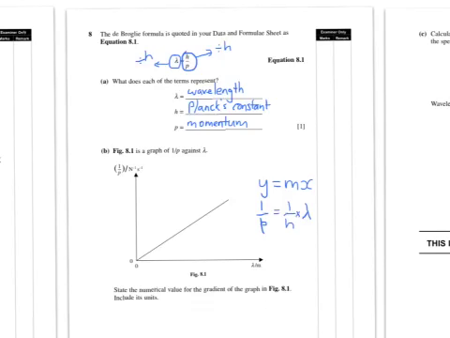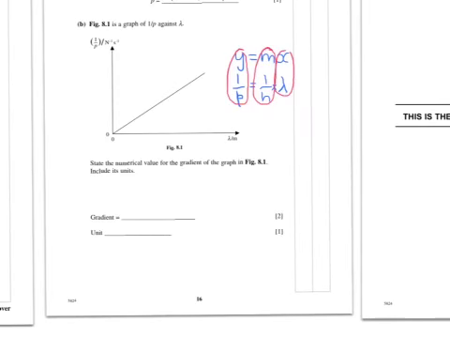So our y-axis, our x-axis, and then our gradient. So we need to work out what the gradient then is as a value if it's 1 over Planck's constant. So gradient is equal to 1 over h, Planck's constant, which is equal to 1 over the value for Planck's constant. There we have it, 1.51 times 10 to the 33.